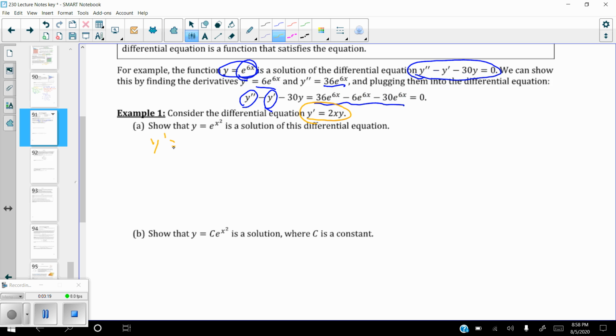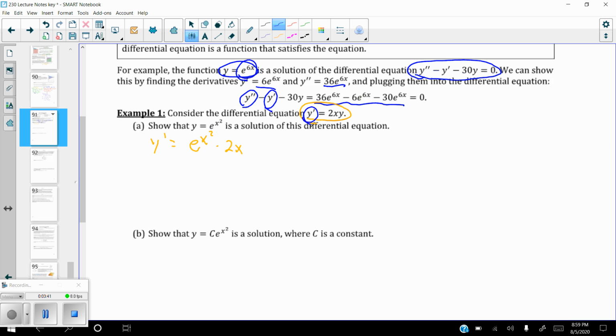I'm going to need to take the derivative of e to the x squared. Well, it's a bit of a chain rule. It's going to be e to the x squared times the derivative of the exponent. The derivative of x squared is 2x. So that y prime is going to get plugged in for that.